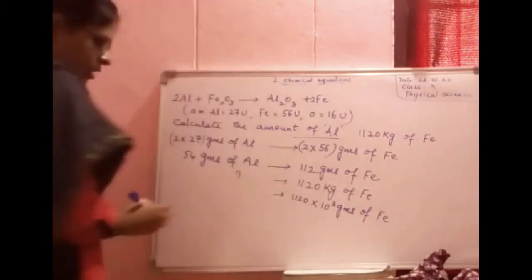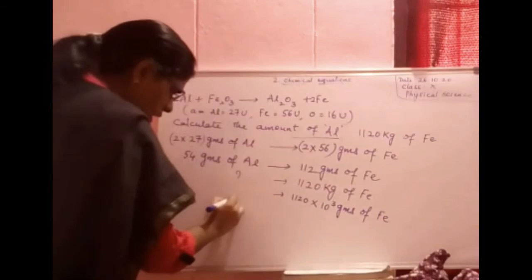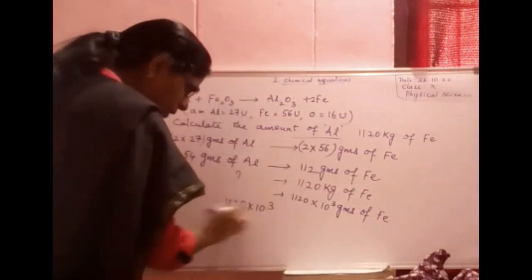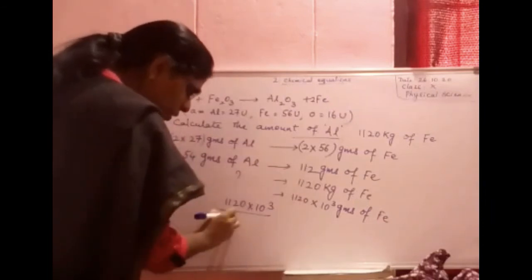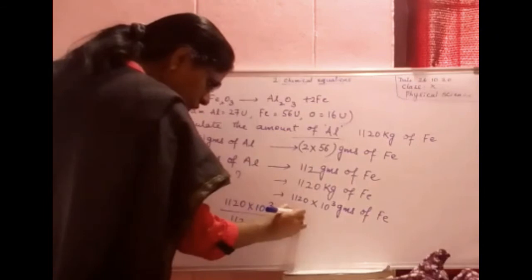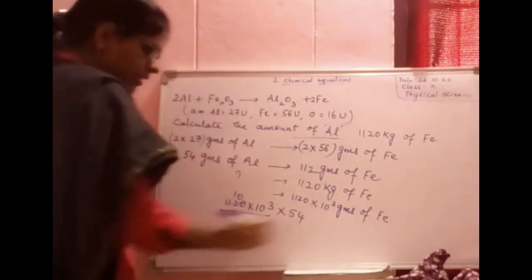Now how to do it? 1120 into 10 power 3 by 112 into 54. Here, 1120 by 112 is 10 times.